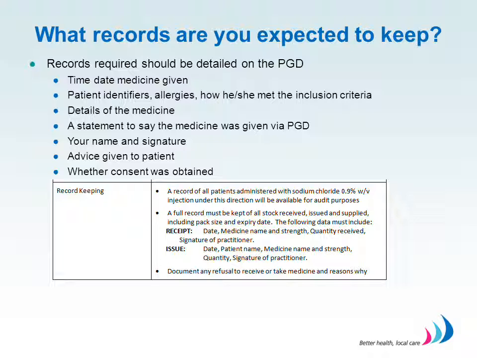The batch number and expiry date should be recorded for vaccines and blood products. A statement that a supply or administration is by using a PGD, the name and signature of the healthcare professional supplying or administering the medicine, relevant information that was provided to the patient or carer, and whether patient consent to treatment was obtained.